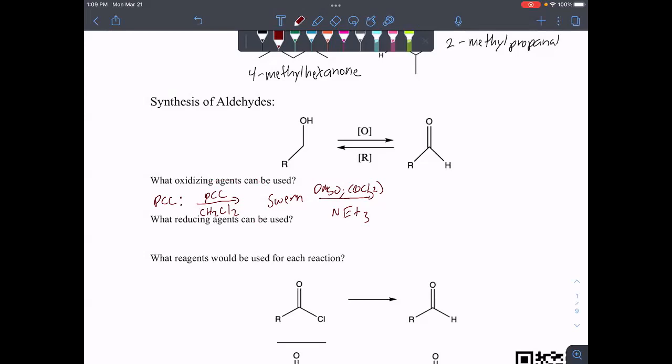That's all. Swern with the. Mhm. So, is that COCl2? Sorry, just wanted to make sure. It's COCl2. What's on the bottom there? On the right side, yeah, just one. NEt3. So triethylamine.